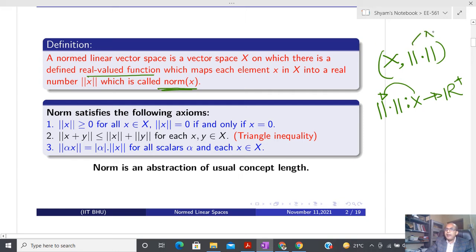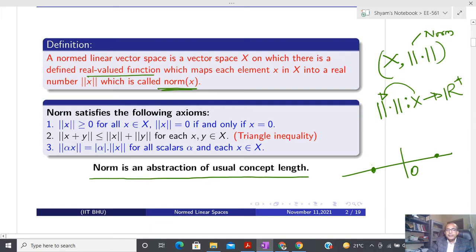For that we use this notion, and I am giving it the specific name norm. You can see that the norm is an abstraction of the usual concept of length. Suppose you have to define the distance from your origin; a point may lie on either side, so the sign does not matter. For that reason distance is always positive.